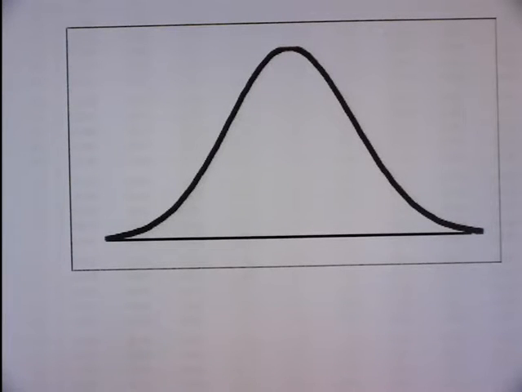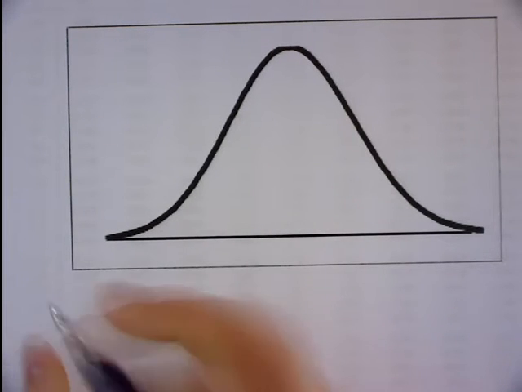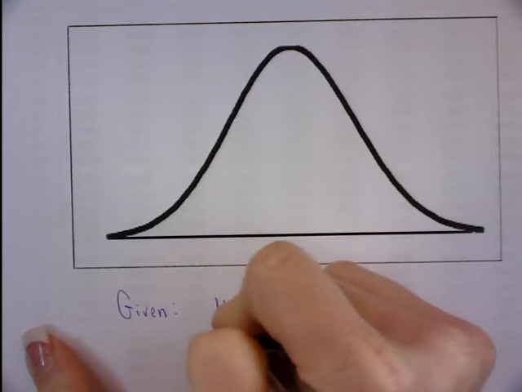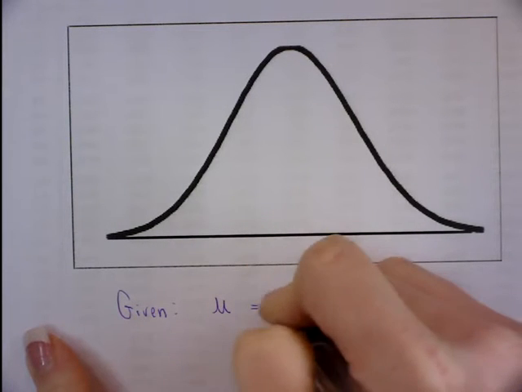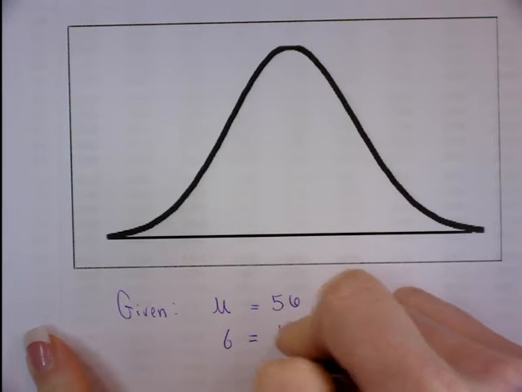So here we go. The given information is that the average age of a CEO is 56 years old. Standard deviation is 4 years.